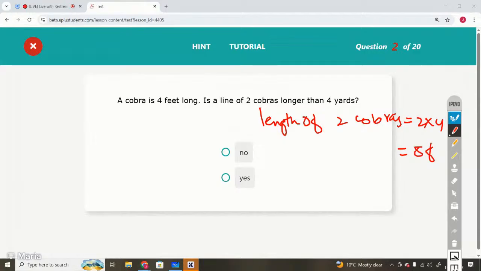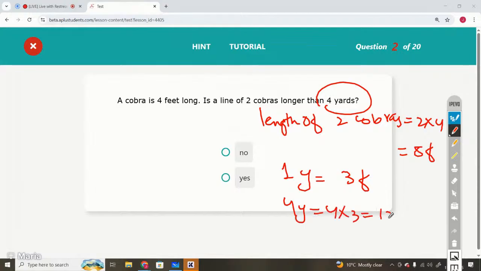Now we are going to see in 1 yard how many feet do we have? So 1 yard is equal to 3 feet, and then 4 yards is equal to 4 times 3. 4 times 3 is 12 feet. So is a line of 2 cobras longer than 4 yards?